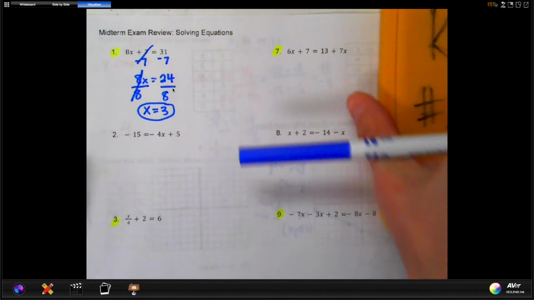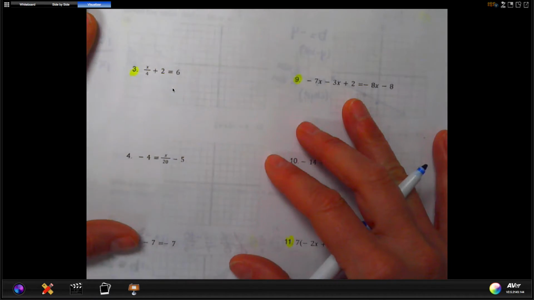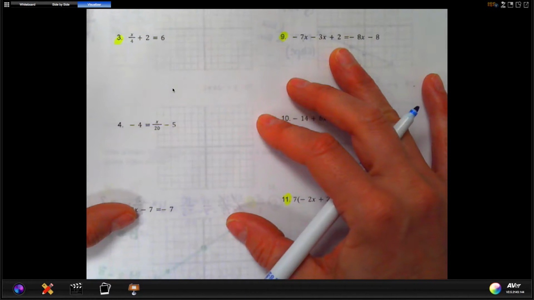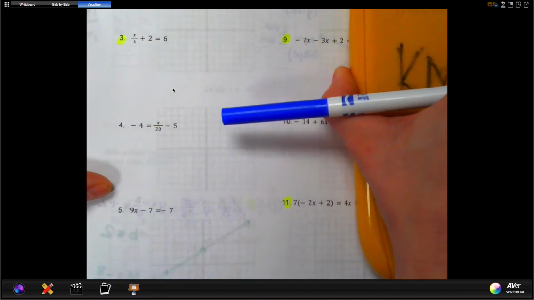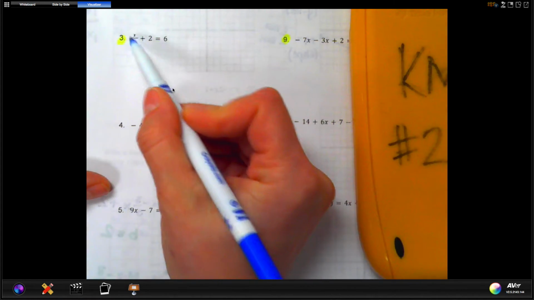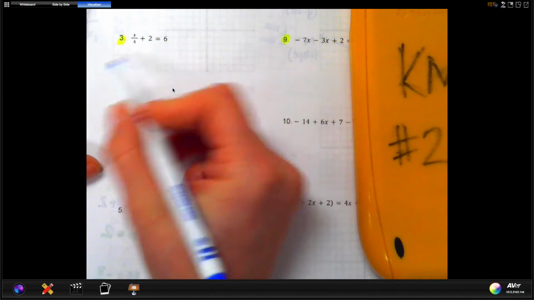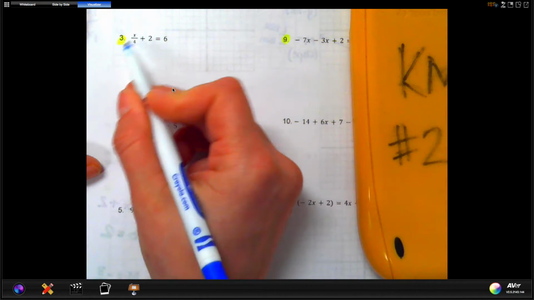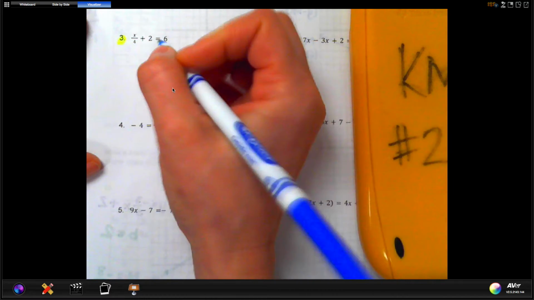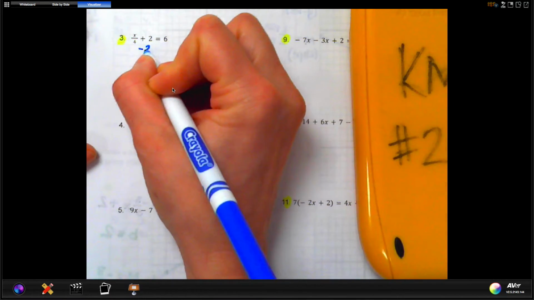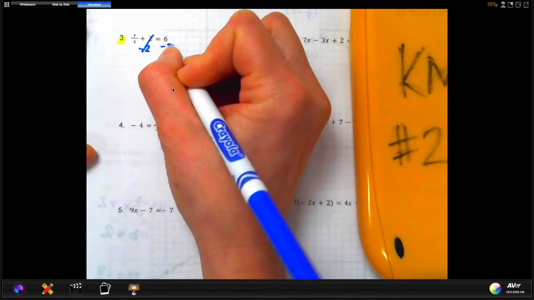Now, I'm going to slide us down to number 3, which is another 2-step equation, but this time we have a fraction in it. So again, we're trying to get x alone, so we're going to cancel everything else on the same side of the equal sign. Starting with the plus 2. Opposite of plus 2 is minus 2. Cancel. Minus 2 from the 6.